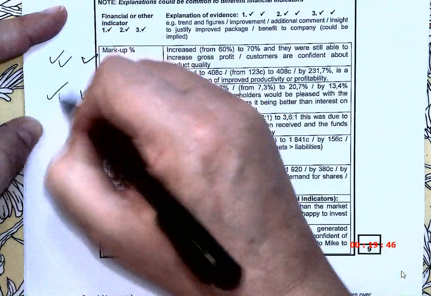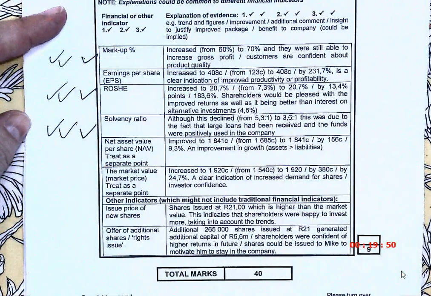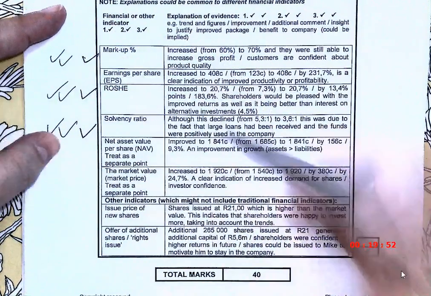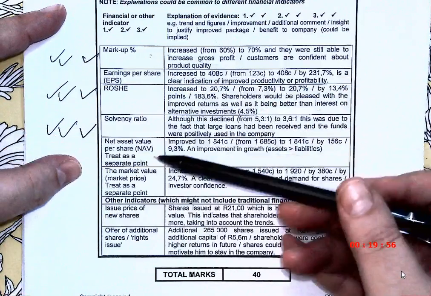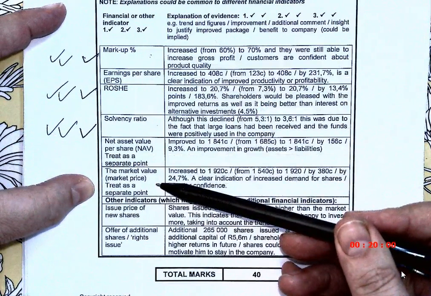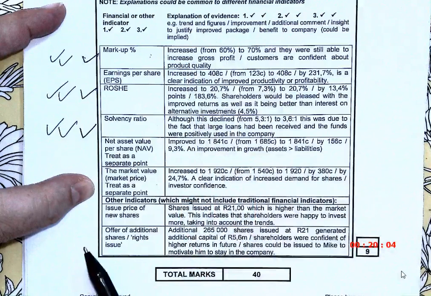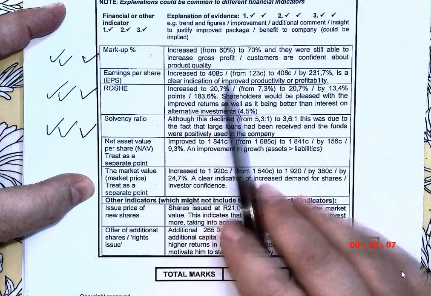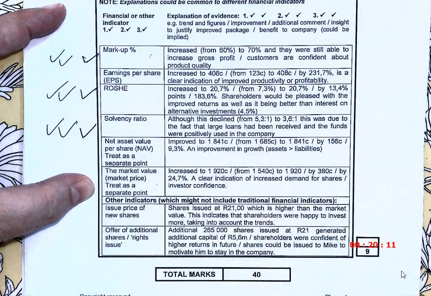So you can get 9 out of 9 because you're literally just quoting. So can you see? Markup, EPS, ROSI, solvency, NAV, market value. Can you see it's the ones I said? And what do you say? It increased from this to this. It increased from this to this. It increased from this to this. You see?